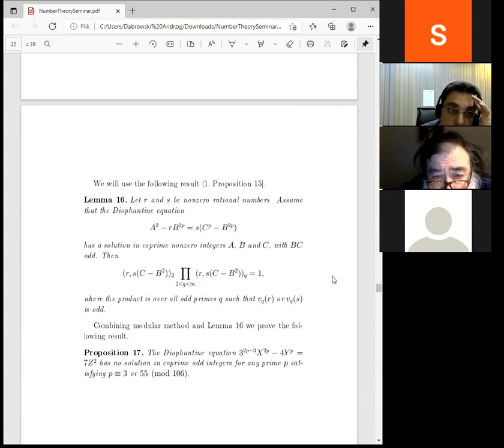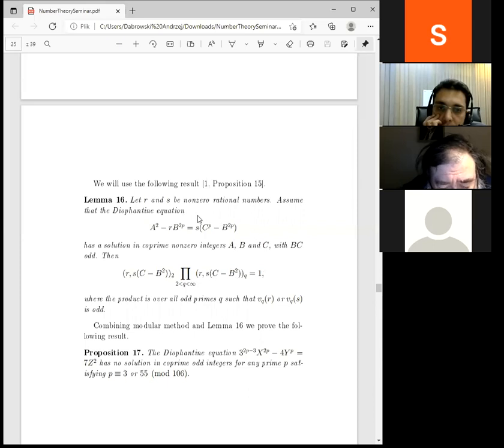Here are some details. If we fix some non-zero rational numbers R and S, and assume that the following Diophantine equation has a solution in coprime non-zero integers A, B, C, with B and C odd, then we have a relation for the corresponding Hilbert symbols. We can use it.